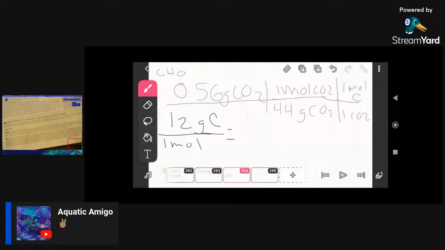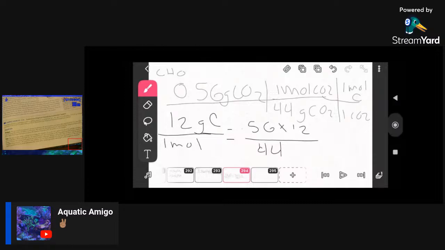All right, guys, this is how you're gonna have to solve this. I'll help you out. So you're gonna get 56 or 0.056. If you guys have a calculator, help me out. Times 12 divided by 44. So we're gonna have to plug in that number on the calculator real quick. And I don't even got one. Hold on. 56 times 12 divided by 44.